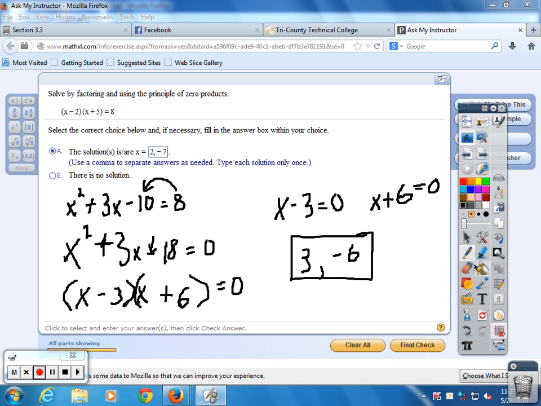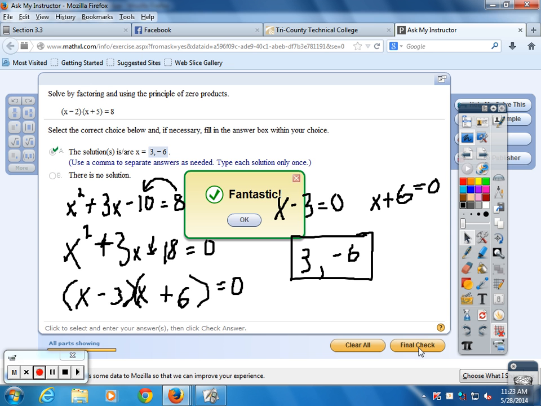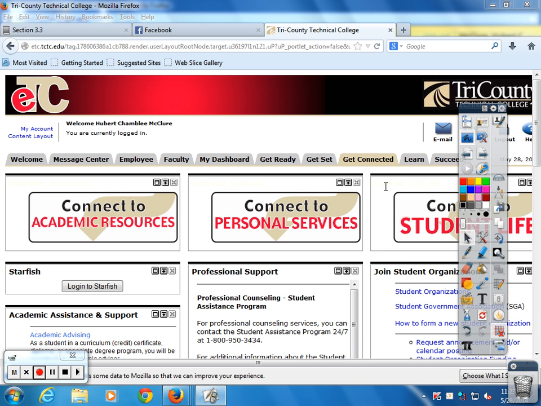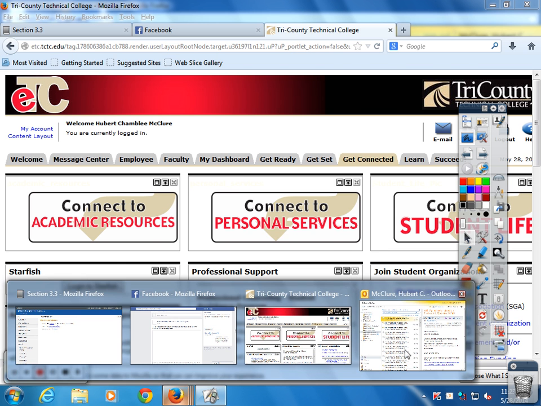And that should be your answer. There you go. So you see that this section is not difficult. It's just a continuation of what you were doing in 5.6.